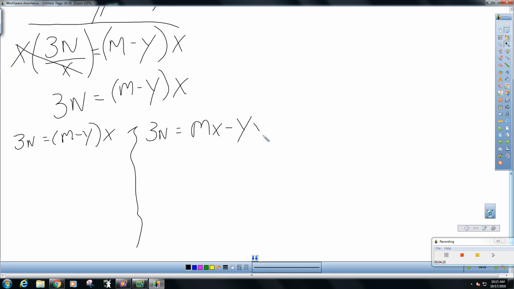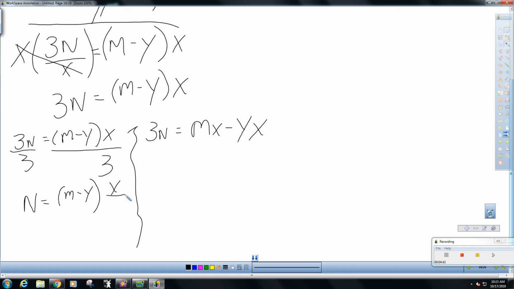So what have I done in the right one that I didn't do in the left one? I distributed, right? What's my last step? You gotta divide by 3. So one answer would be n equals m minus y times x over 3.